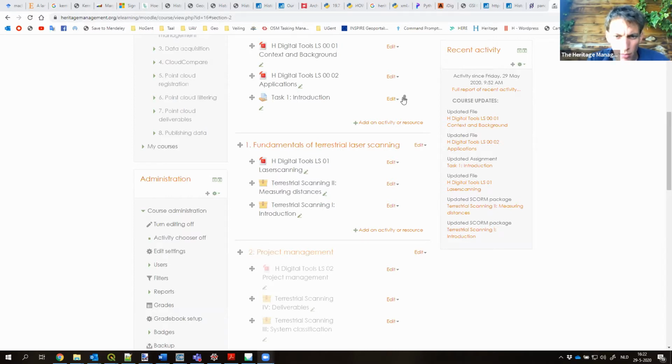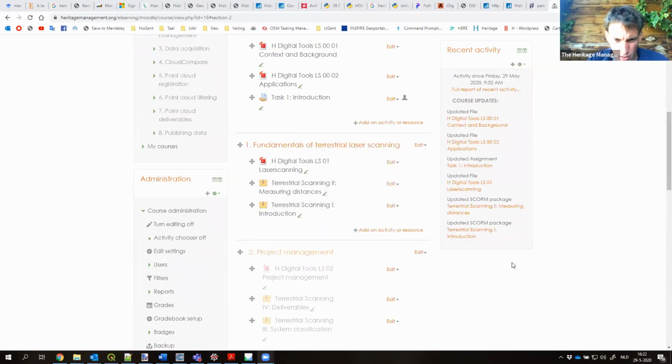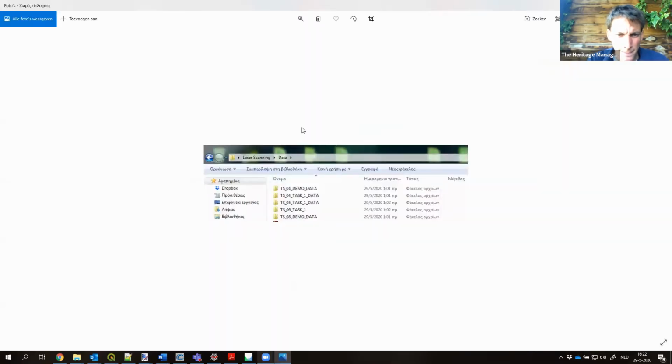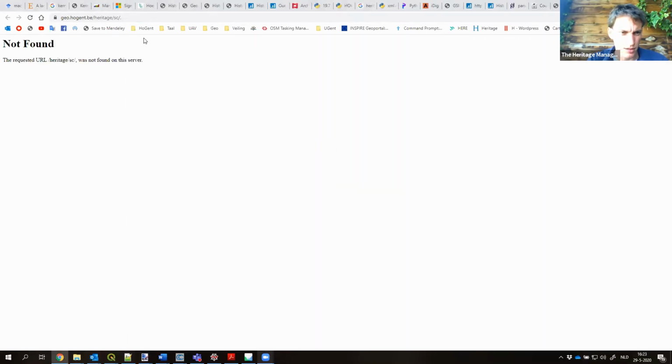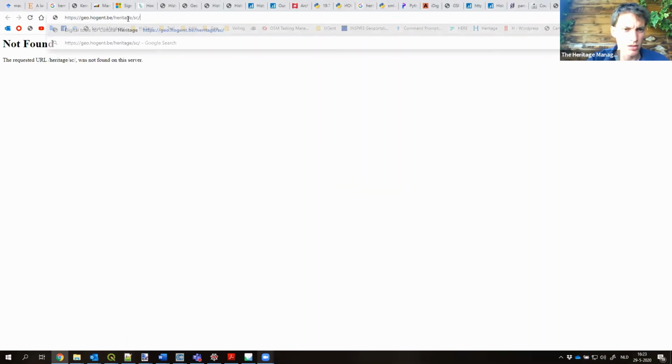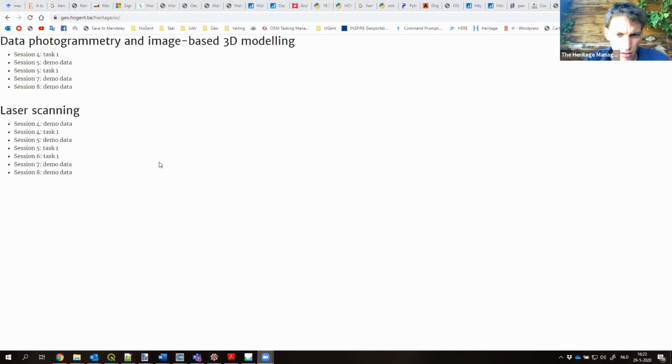Apparently there's a problem with downloading the files. Let me see what the problem could be. It seems to work on my computer.